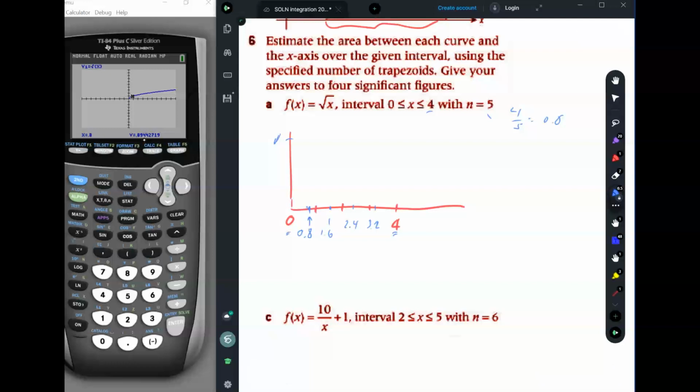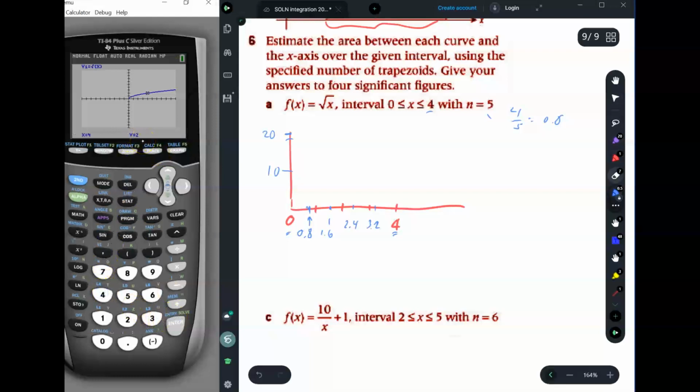I'm going to make this 10, and then I'm going to make this like 20 here. And then if I wanted to find out 4, for example, I could do trace 4. I'm going to show you a different way to do this in just a second. So look, 4 would be 2. Oh, what am I doing?